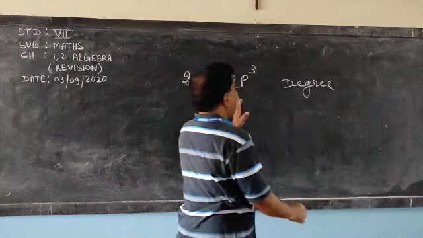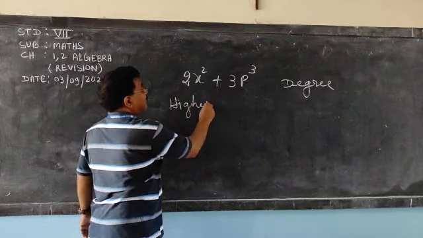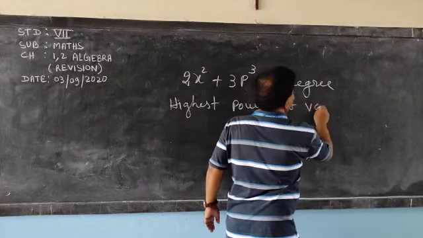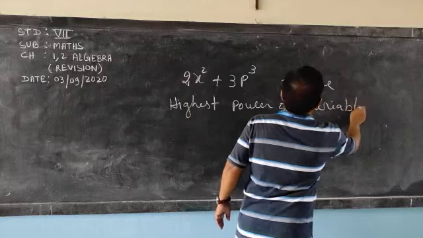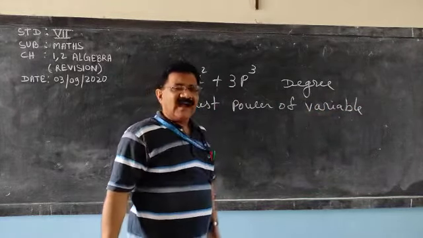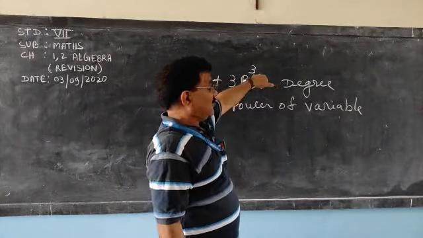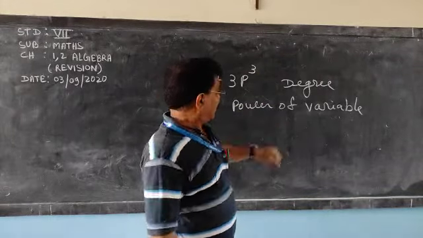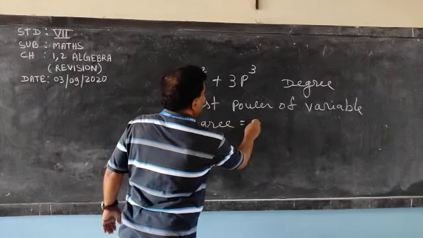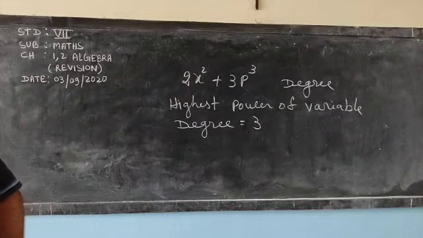What I have told you: highest power of the variable, and the variables are x and p. The numbers and the literals are called variables. So here is 2 and here is 3. So the highest power is what? 3. So the degree will be 3. Very clear or not? So the degree of a variable we have understood.